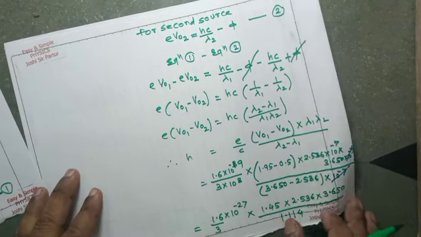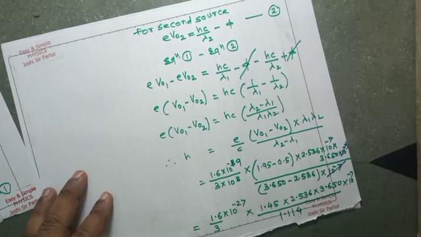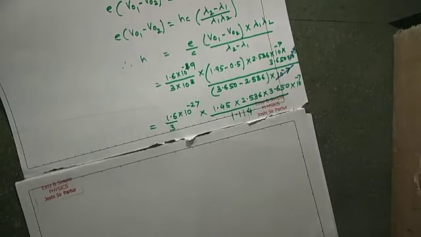So here into 10 to the power minus 7 minus 7 minus 27.